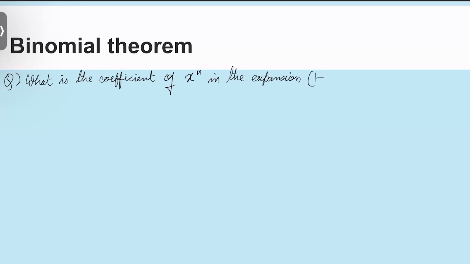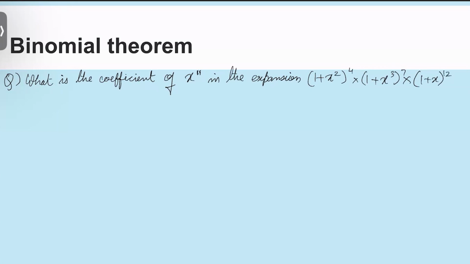So suppose the question given to you is: what is the coefficient of x raised to 11 in the expansion of (1 plus x squared) raised to 4, multiplied by (1 plus x cubed) raised to 7, multiplied by (1 plus x) the whole raised to 12.